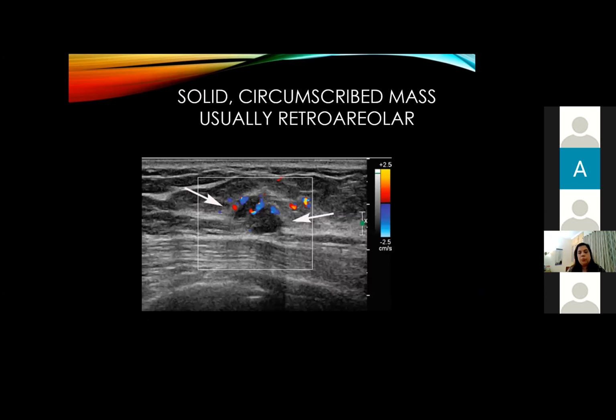The most common presentation is a solid circumscribed mass, usually retroareolar in location, and as you can see on color Doppler, they are pretty vascular. This is the commonest presentation and is well seen on ultrasound.